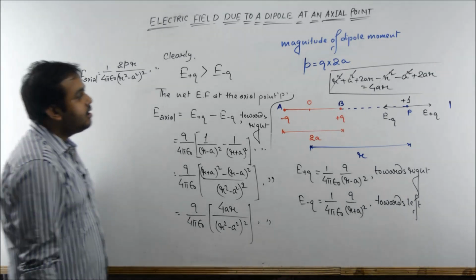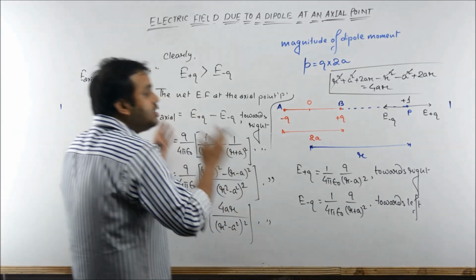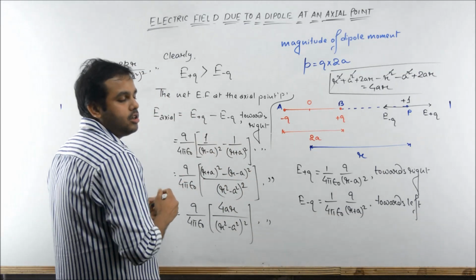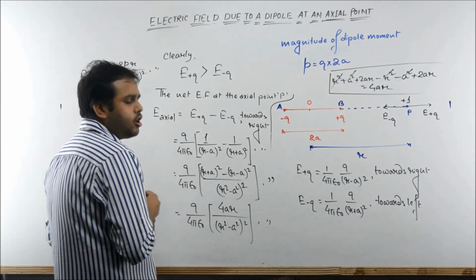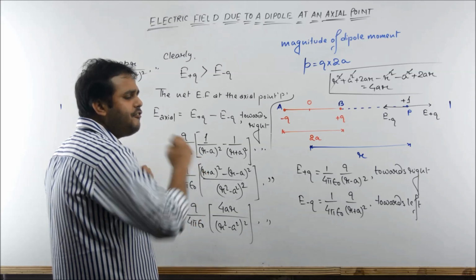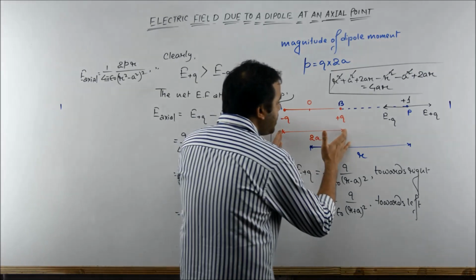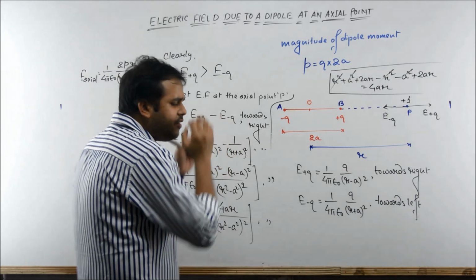But as I have already told, the dipole is very short. Usually the dipole is very short. That means this separation twice a is very small.